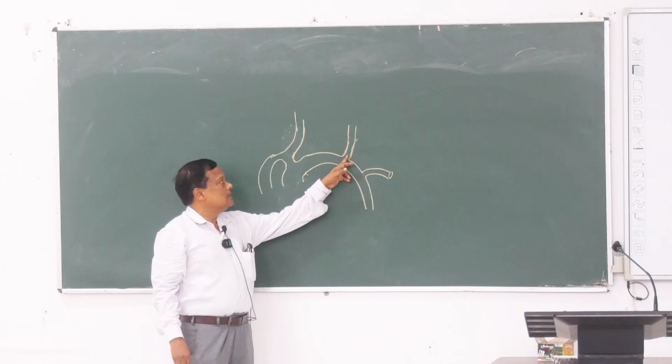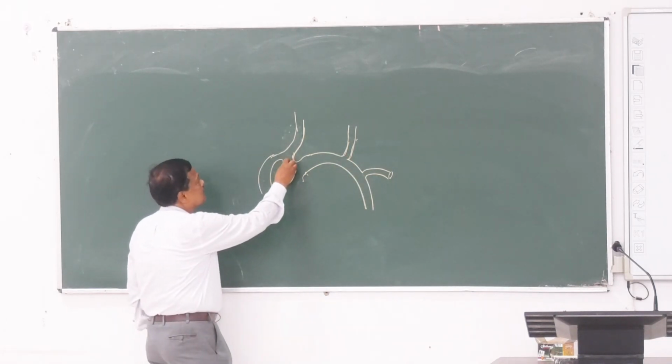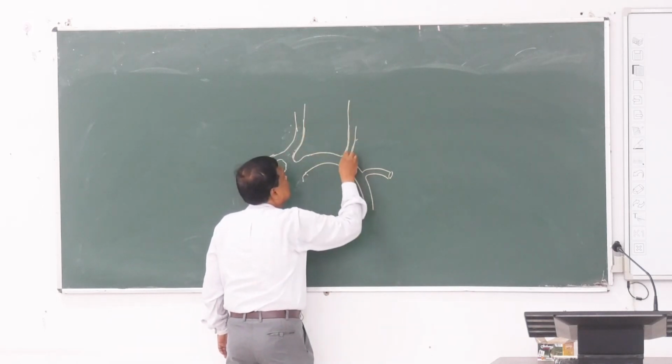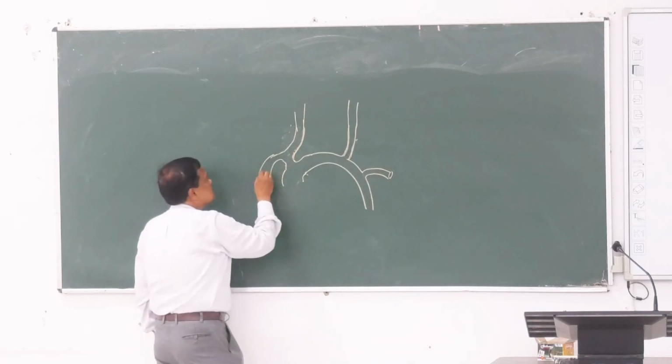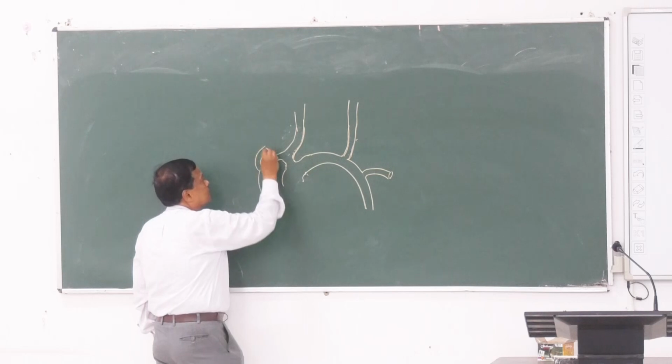This is the left common carotid artery, left subclavian artery. Brachiocephalic trunk on the other hand. This is the left subclavian artery. From the subclavian artery arises the vertebral artery.